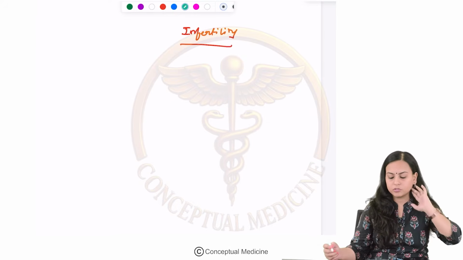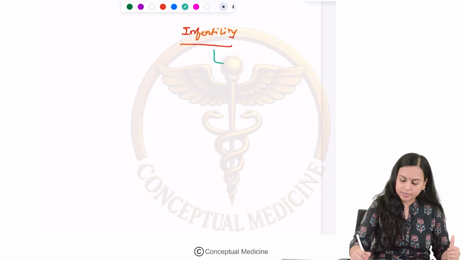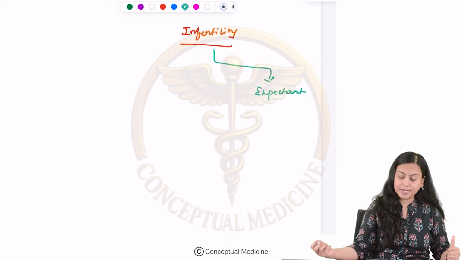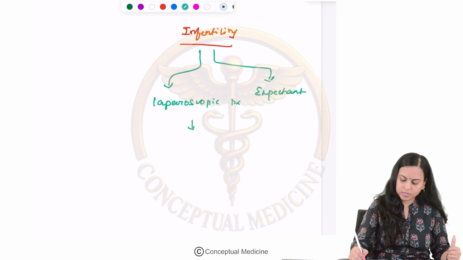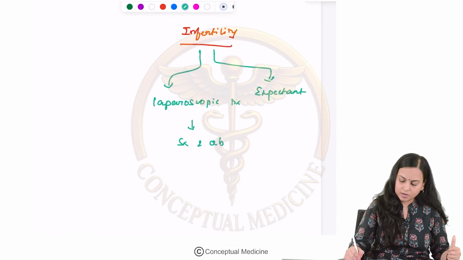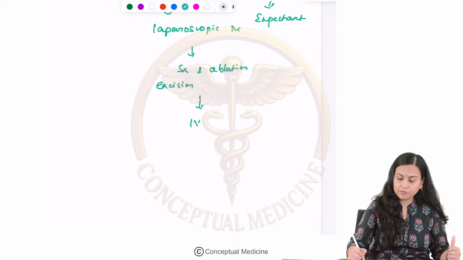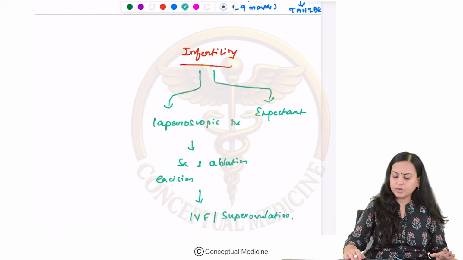You have to do a concomitant workup for all the other causes as well, and sometimes you can offer her expectant management, and in some cases you will be following it with laparoscopic diagnosis, the same surgical excision as well as ablation of the lesions, and this can be followed by in vitro fertilization with superovulation techniques. Clear?